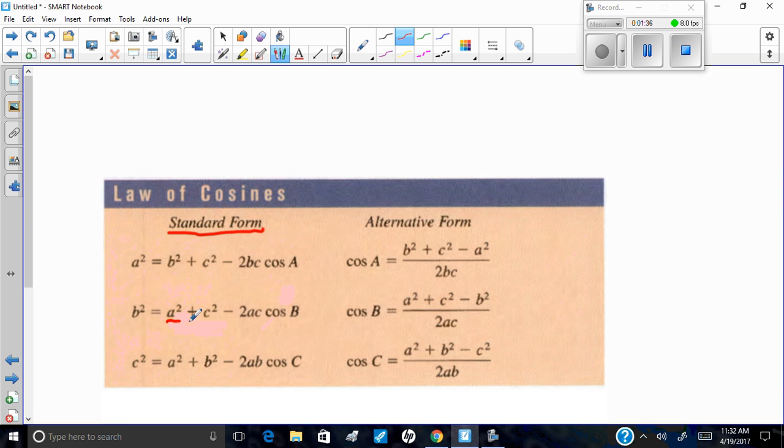And here we're just squaring the other 2 sides, subtracting 2 times the other 2 sides. Same thing, pattern applies in the third one. So really, if we understand the pattern, we don't have to memorize 3, and that's what we're going to kind of focus on. So let's go ahead and write down the first one.